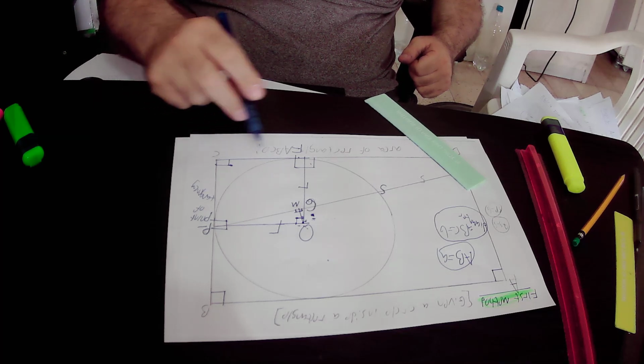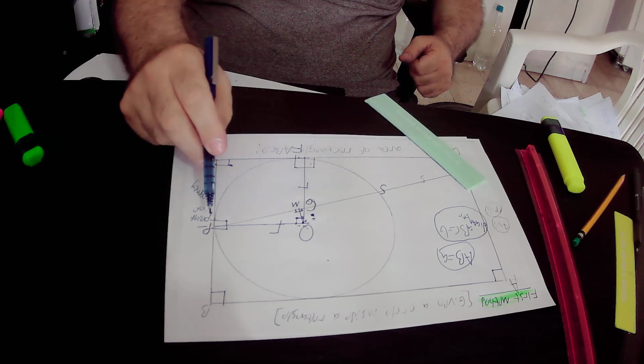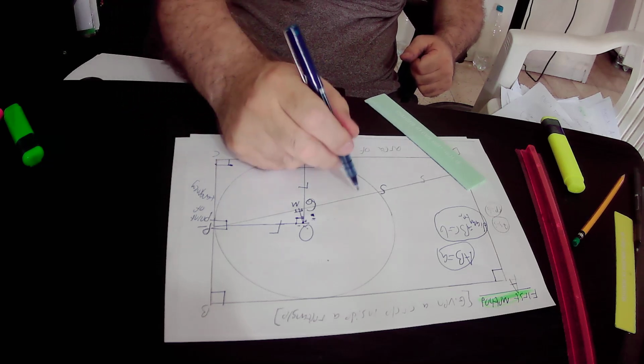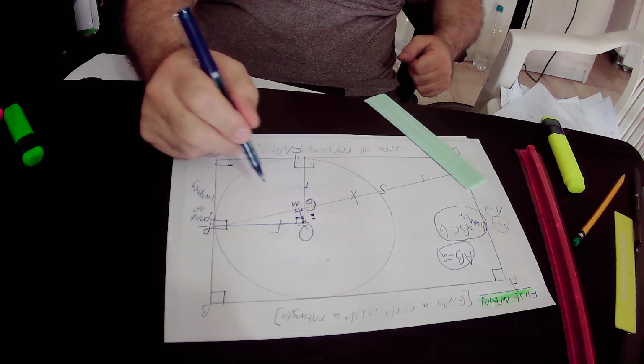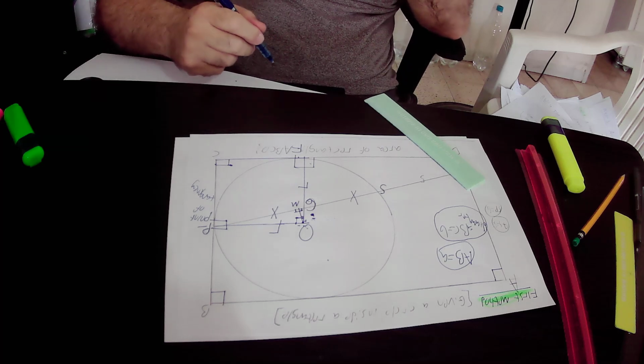That is to say, SM equals MP. So if SM equals X, then MP will also equal X.